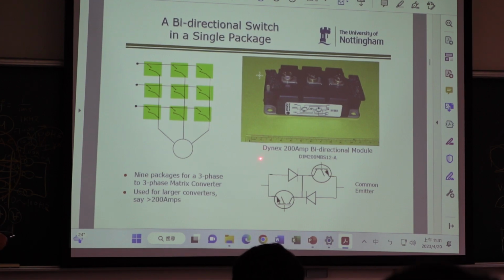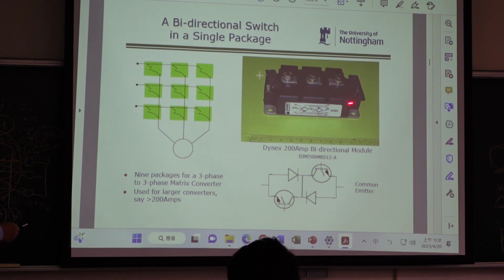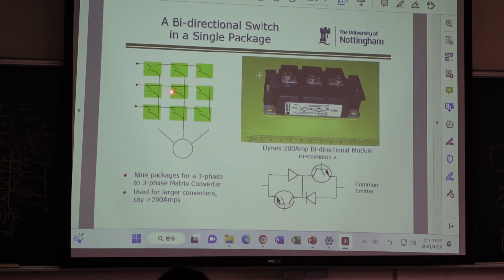This is the Dynex 200 ampere bidirectional module. You can see this is a ruler, which means this is small size. So totally how many switches do you use? This is one module. 1, 2, 3, 4, 5, 6, 7, 8, 9. You need 9 modules for a 3-phase to 3-phase matrix converter.